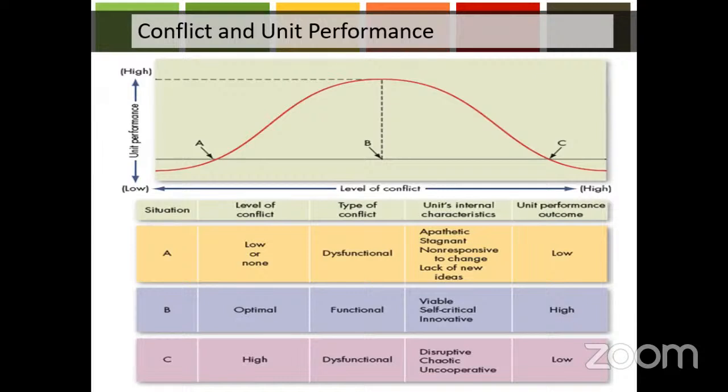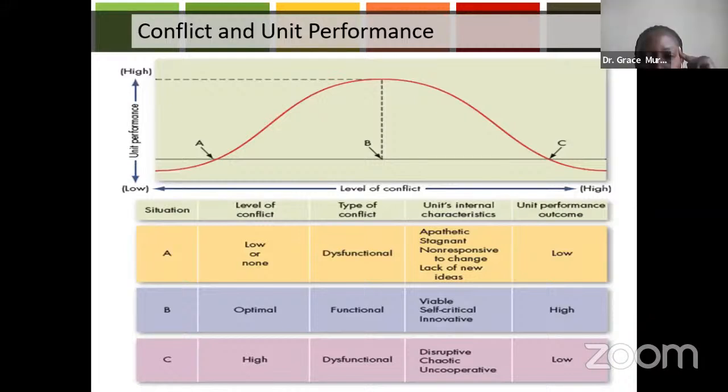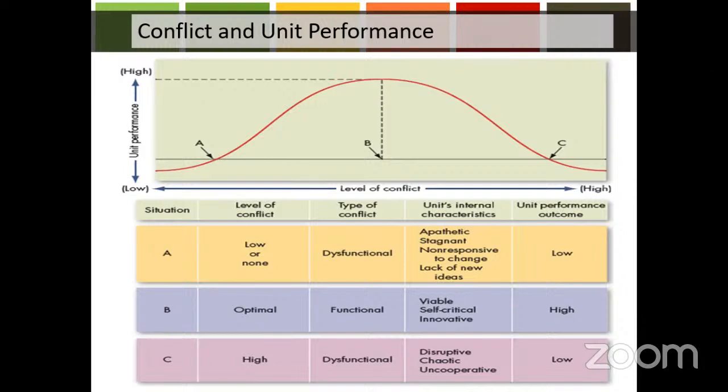When I come to B, I'm seeing the level of conflict is optimum, as in at a manageable level. That conflict has to be functional conflict. And I'm seeing that the unit performance is high.